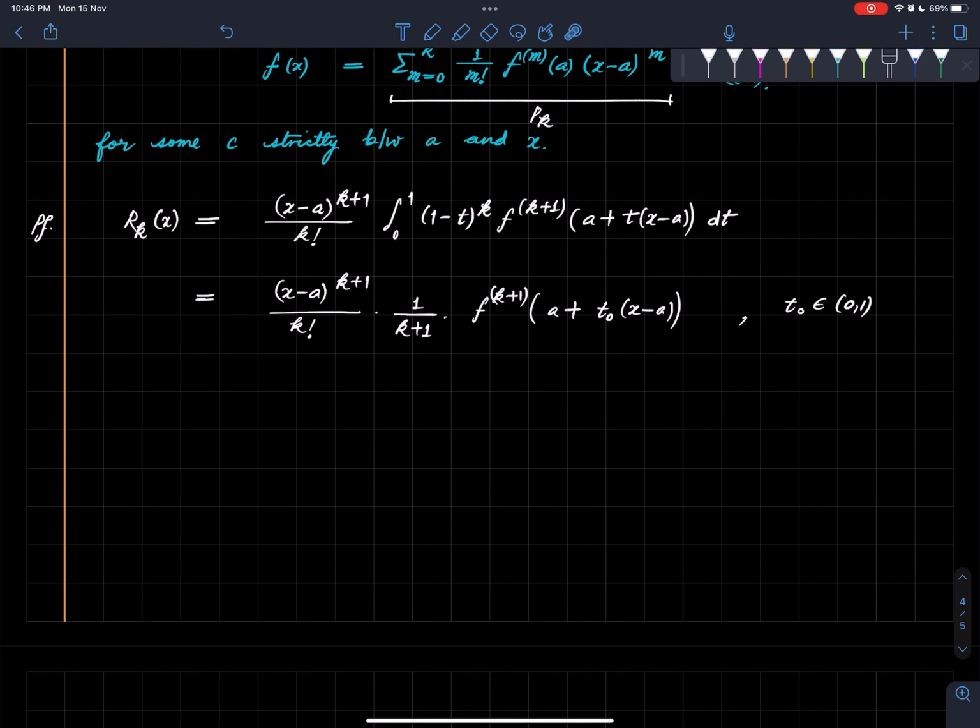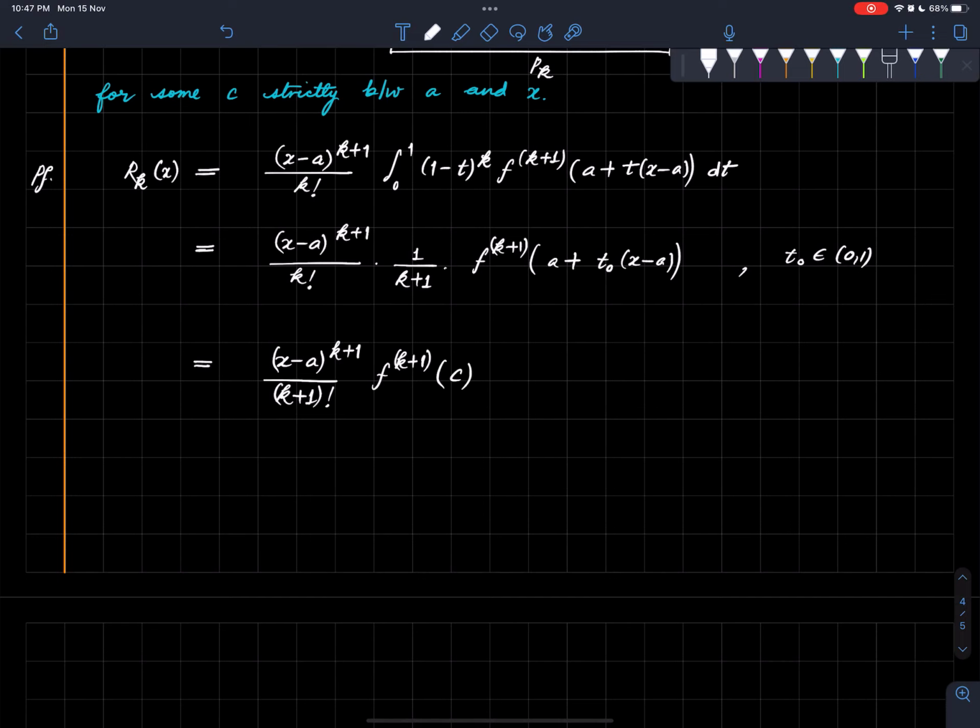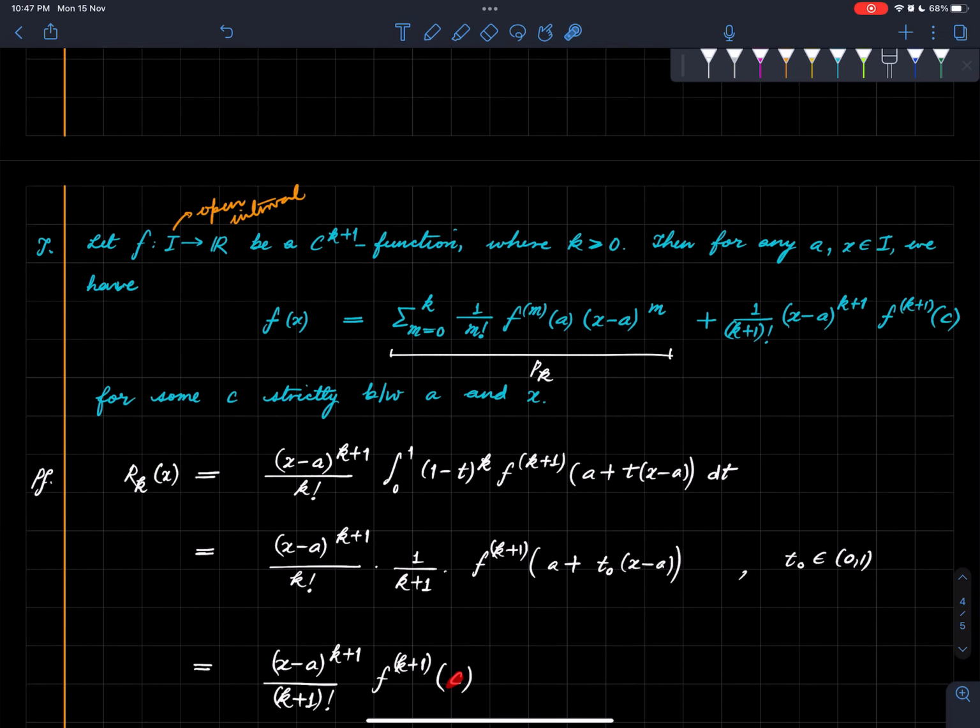So this thing now we can call c. C is now strictly between a and x. C depends on x, so maybe I should also qualify that with a subscript. And this is simply (x minus a)^(k+1) upon (k plus 1) factorial, times f^(k+1) of c. This c depends on x, of course. All right. So this is what we get.